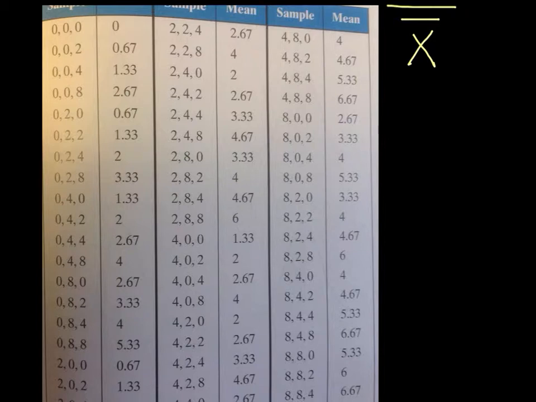Now to find the mean, I got to add them all up and divide by 64. Or I could make a list, for instance, a frequency table where I call the mean X bar, and then the frequency is over here, so there is 1, 0.